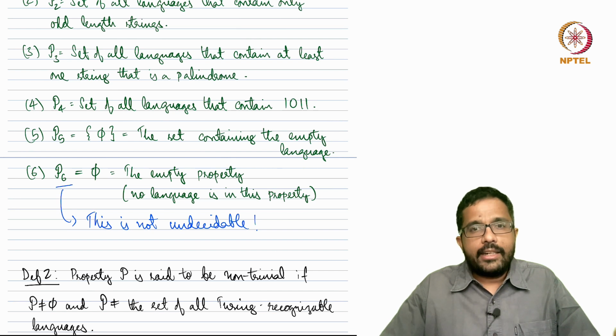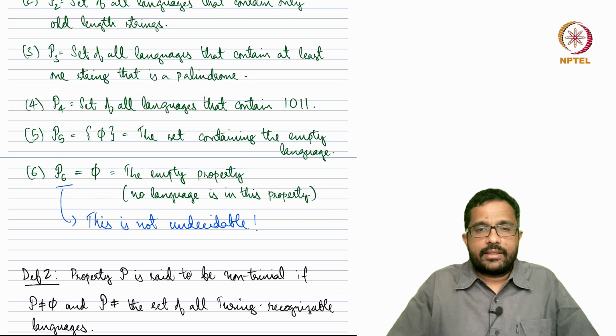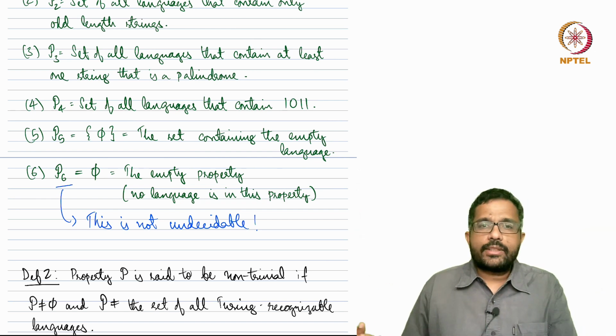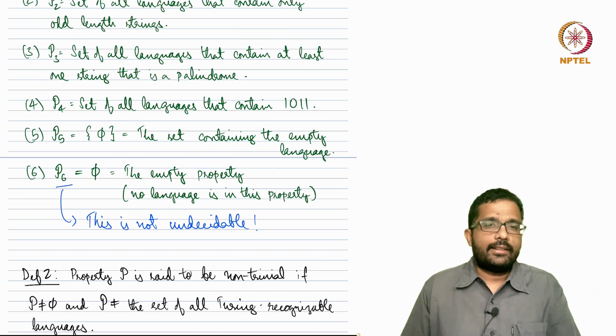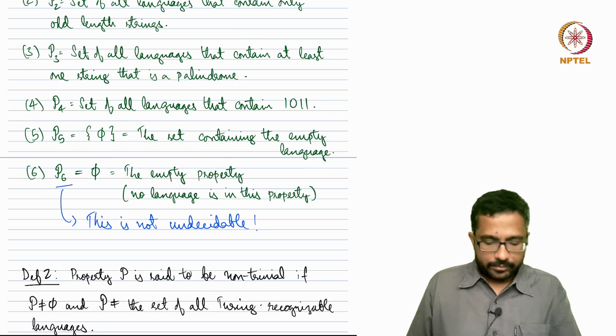For any Turing machine, we can say it does not satisfy P6, because whatever language it recognizes, it is not going to satisfy P6. So you just check that it is a Turing machine and you can say it does not satisfy P6. So it's not undecidable.